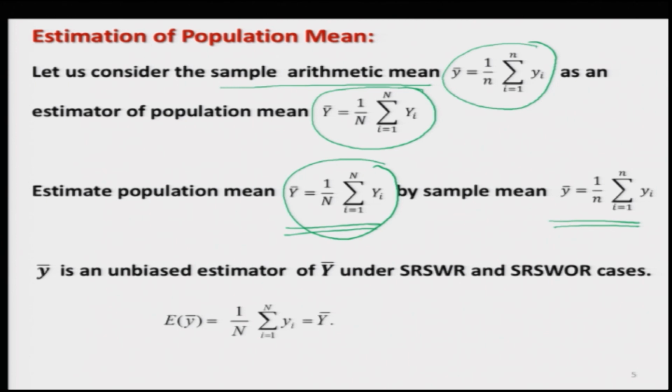So, we are trying to find a sample, and then we are trying to find the mean of the values in the sample, and then we are estimating capital Y bar by small y bar.